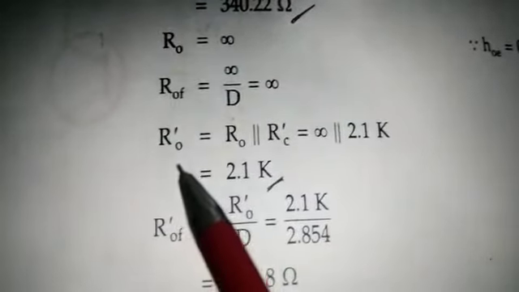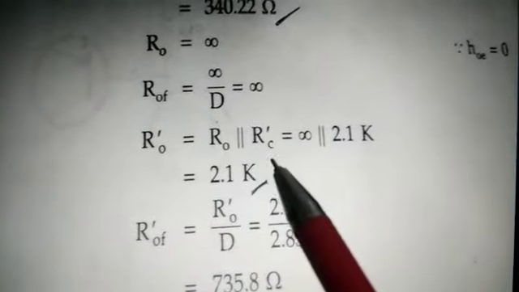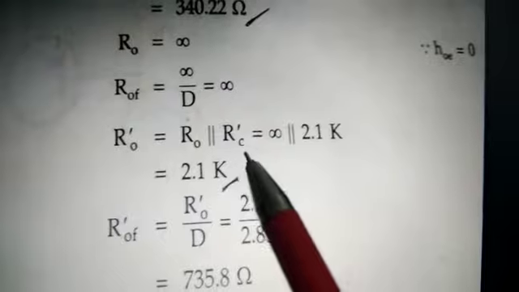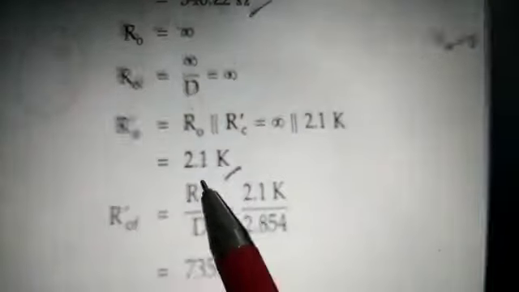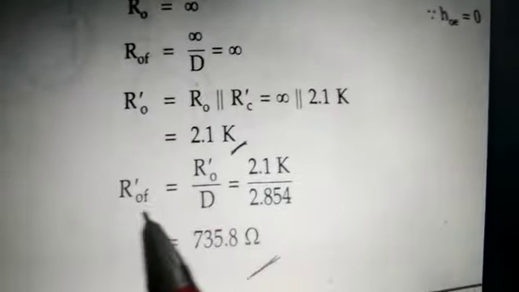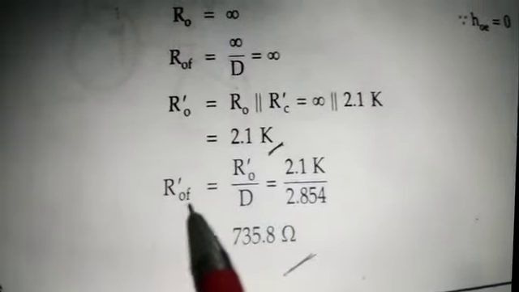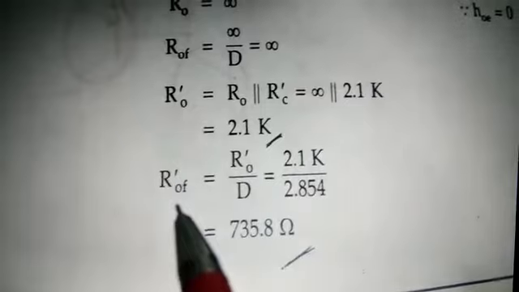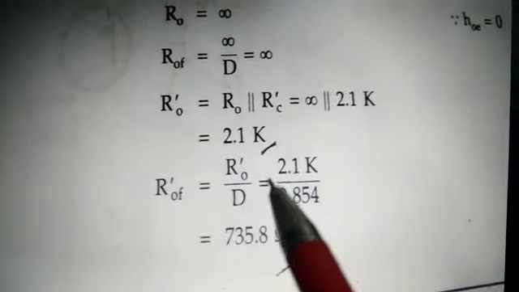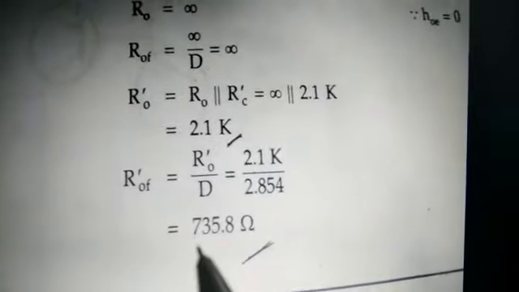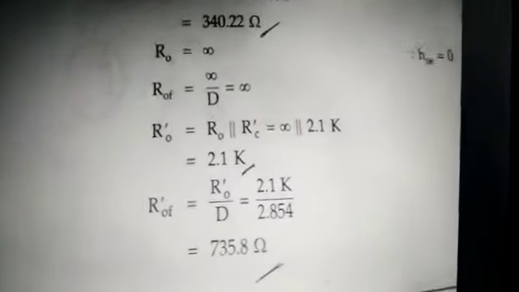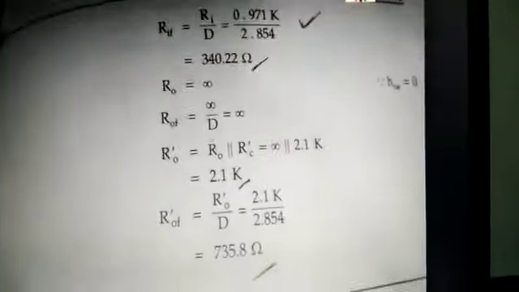Then R dash O is the effective output impedance, which is RO parallel to R dash C. R dash C we have already seen, this is a parallel combination, and this value is 2.1 K. And lastly you can calculate the effective output resistance with feedback, R dash O by D. You can calculate 735.8. So in this way you can calculate the parameters of the voltage shunt feedback.